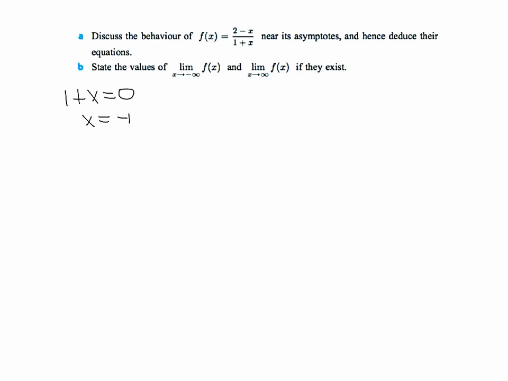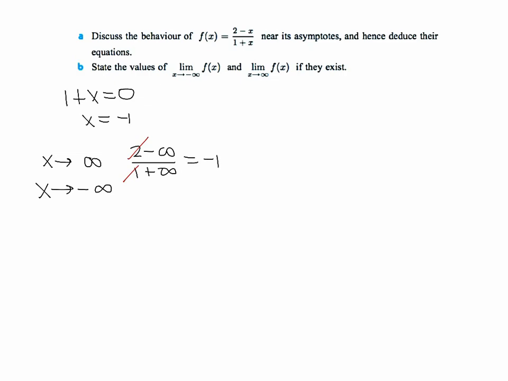To find the horizontal asymptote, you need to look at the behavior as x approaches infinity and as x approaches negative infinity. As x approaches infinity, you have 2 minus infinity over 1 plus infinity. The 2 and 1 are too small compared to infinity, so we can ignore them, and we're left with negative infinity over positive infinity, so the ratio is negative 1.